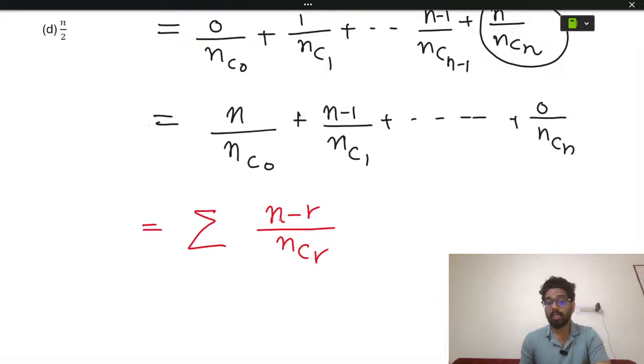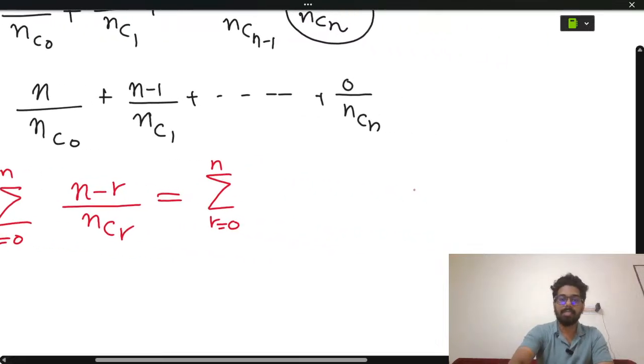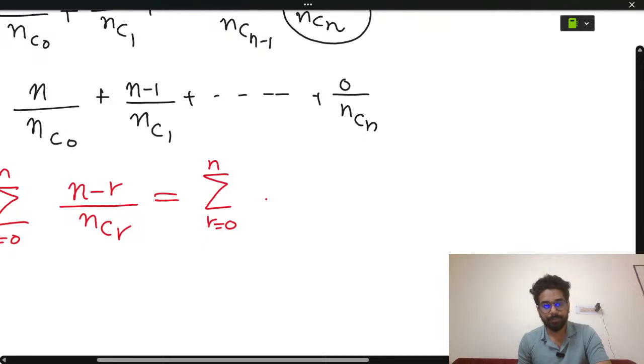If r equal to 1, n minus 1 upon nC1. If r equal to n, n minus n, that is 0, upon nCn. Now, let's change this. Okay, r equal to 0 till n we are doing this. Now, what is nCr? nCr is n factorial over r factorial times (n minus r) factorial.